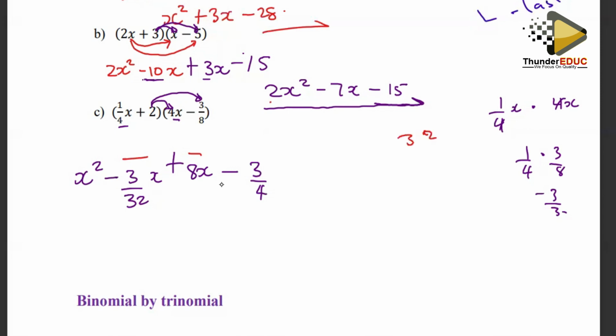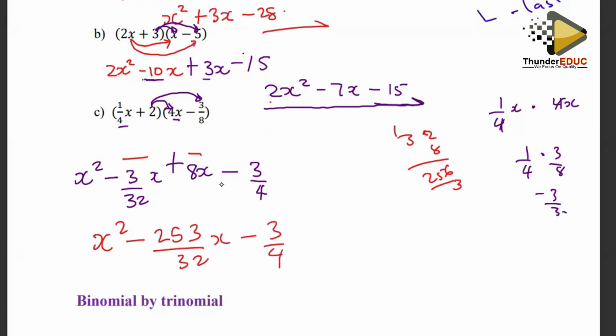What is 32 times 8? That's a 256. So 256, I subtracted 3. I'm going to be left with 253. Is that true? Yes. So it's going to be x squared minus 253 over 32x minus 3 over 4. So that becomes our answer.